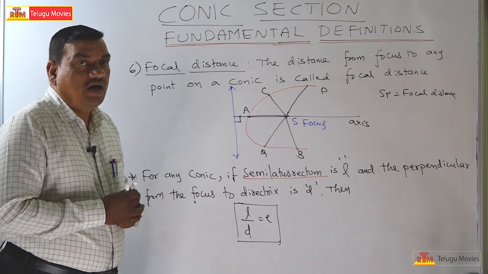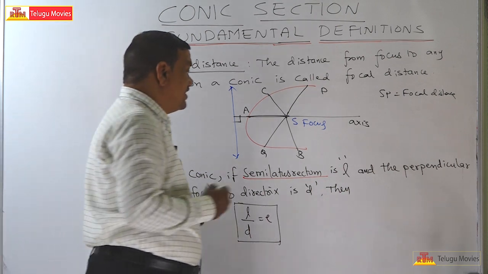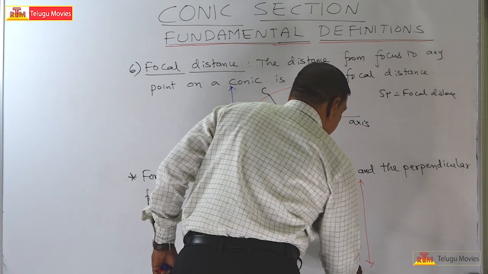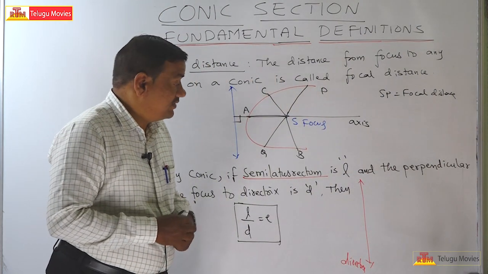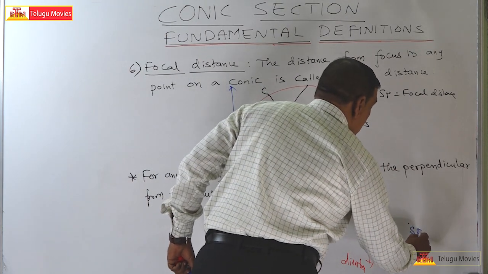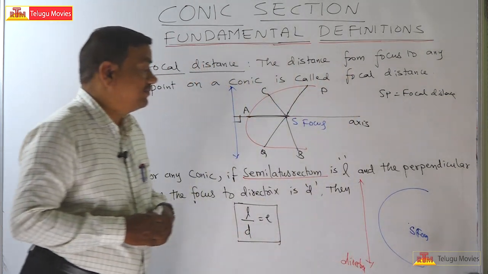I will explain using a diagram. Let us take a fixed line. This is the directrix and this fixed point is the focus. Let us take any conic.